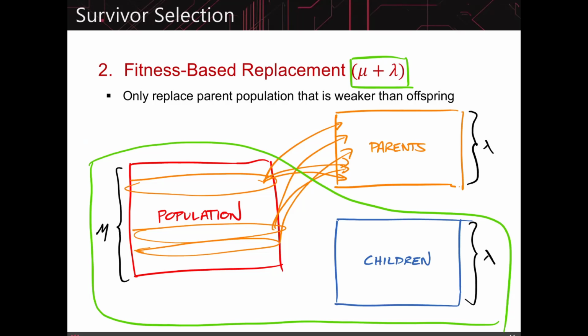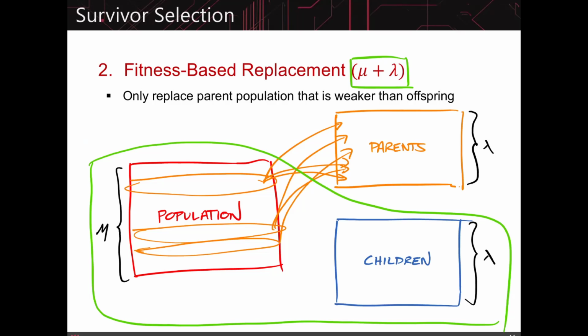Again, the size of a population from one generation to the next is generally not changing in a genetic algorithm. So in this case, we might have lambda that's much smaller than mu. Maybe if mu is 1,000, lambda would be 500, in which case we now have 1,500 individuals to determine who survives. So that guarantees some of the parents will live on.